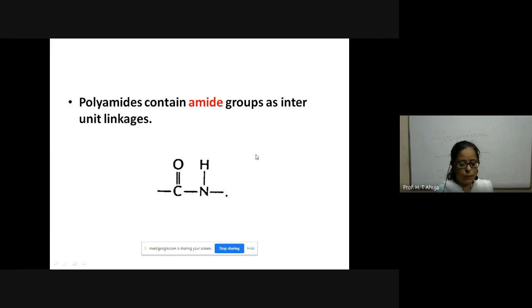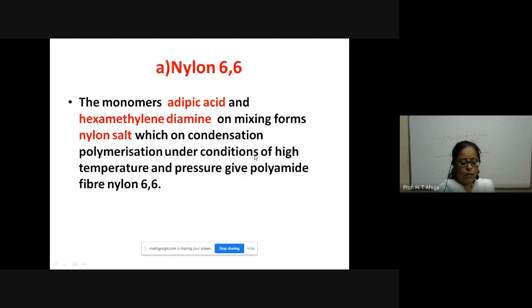Clear? Now let's start. One of the polyamides in this category is nylon 6,6. The two monomers which are used here are adipic acid and hexamethylene diamine, which on mixing form nylon salt.